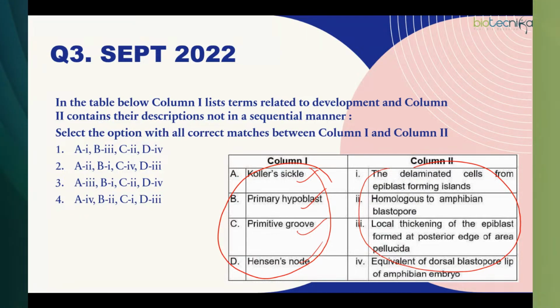So this kind of comparison question in animals is often asked in CSIR. They will compare two different organisms, either the gastrulation process or the cleavage division or the axis formation. They will compare like this. Yes, any guesses?